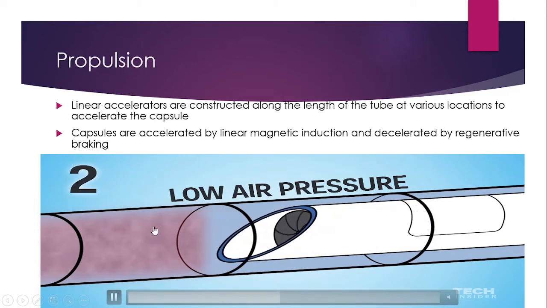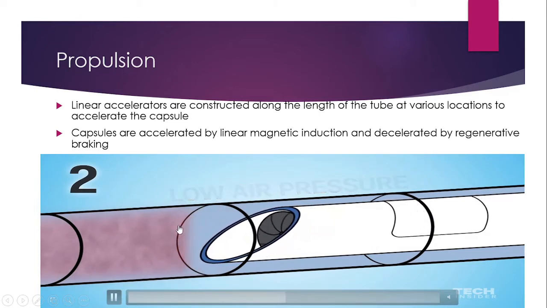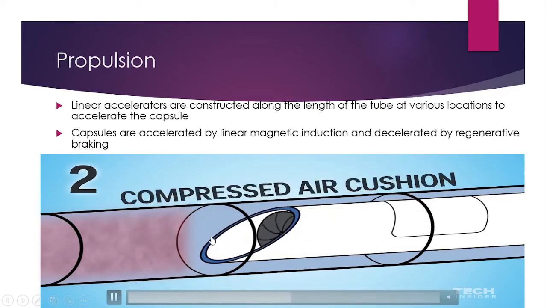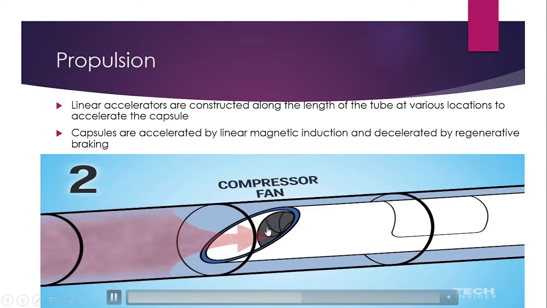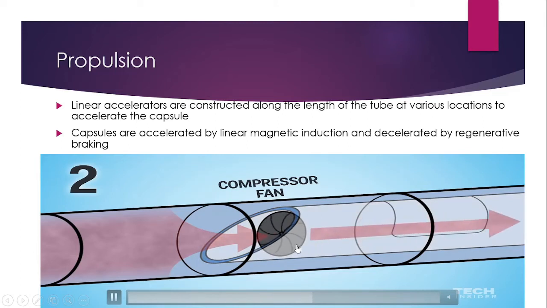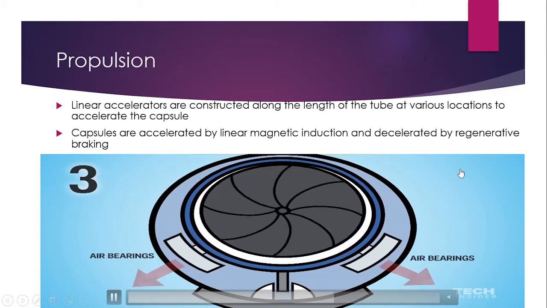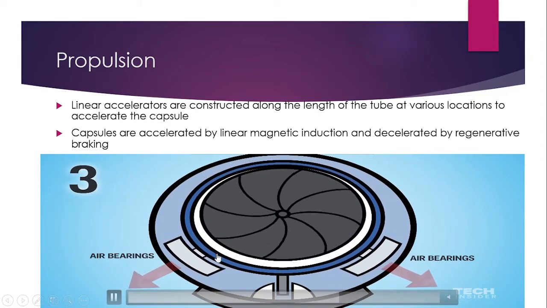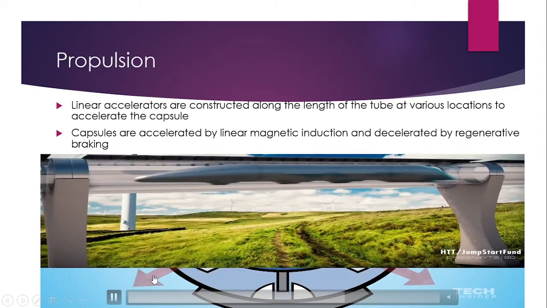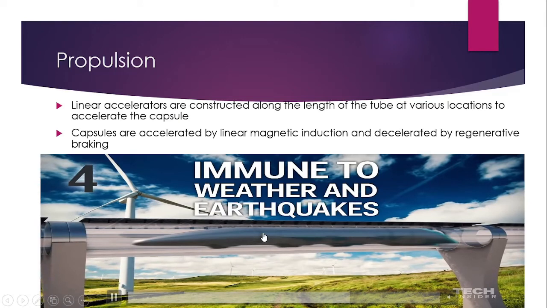Only low air pressure is there inside the tube. This compressor fan will take the air and pass it inside the capsule, and some air will be coming out and will act as an air cushion.